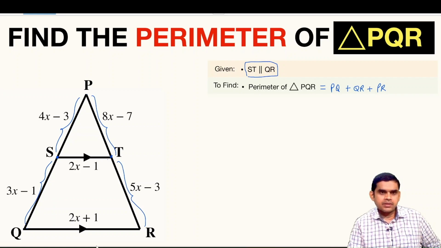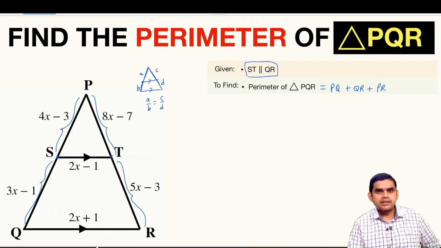So say for example, if this parallel line divides one side in the ratio A is to B and the other side in the ratio C is to D, then A over B is equal to C over D. This is the triangle proportionality theorem.